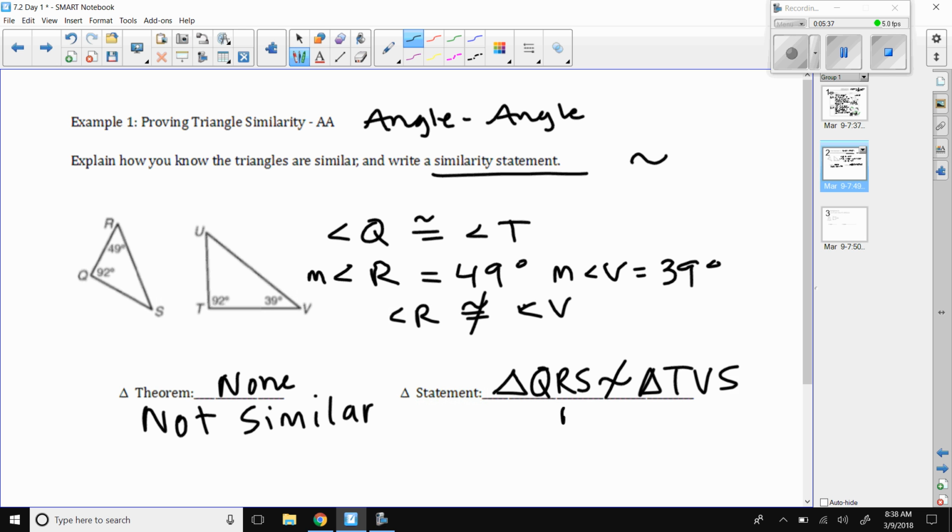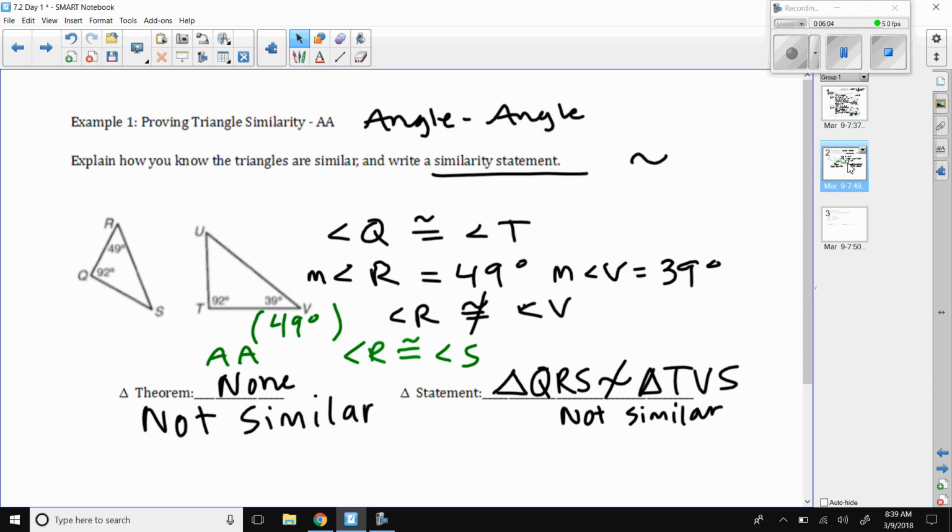If V was 49 degrees instead, then I would be able to say that these are similar, and that angle R was congruent to angle V, which would make the triangle theorem AA here. So we are trying to figure out, are they similar or not, and according to what we're given here, these are not similar triangles.